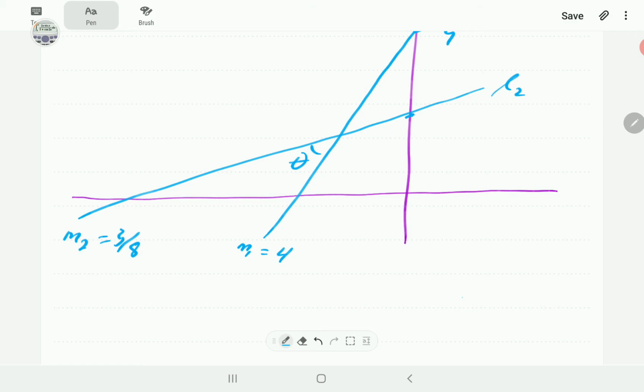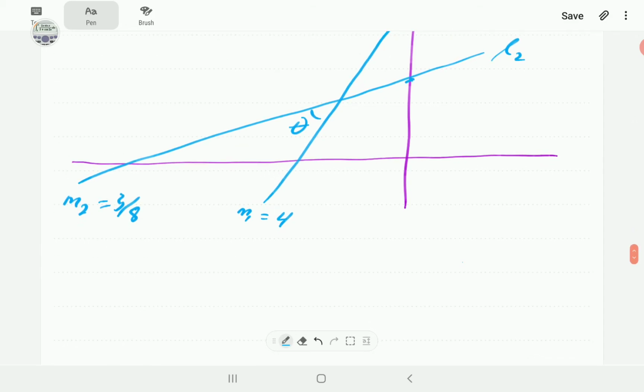The things we're going to use here are the inclination angles of the two lines. So for M1, let's call this one theta 1, this one theta 2.